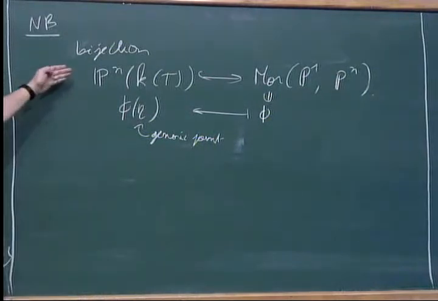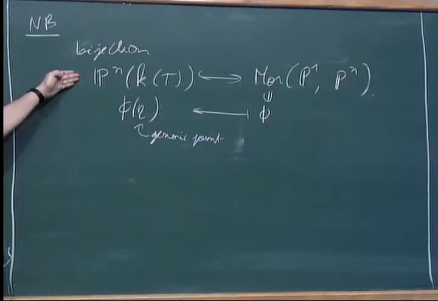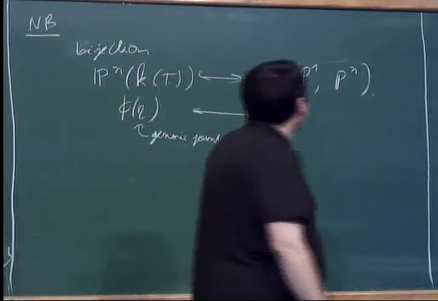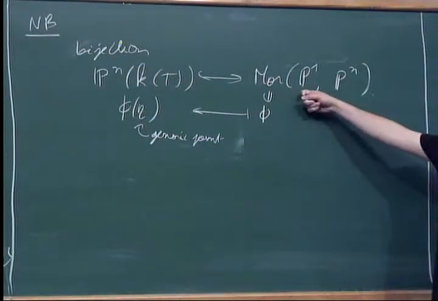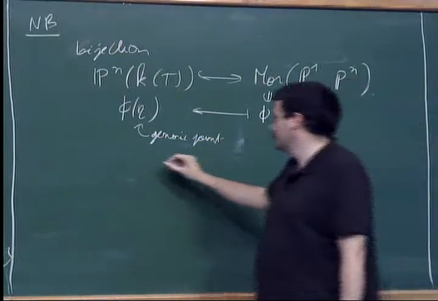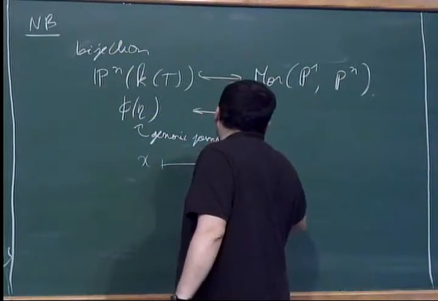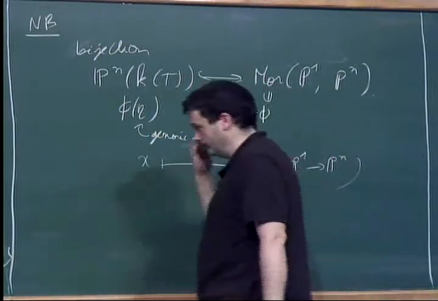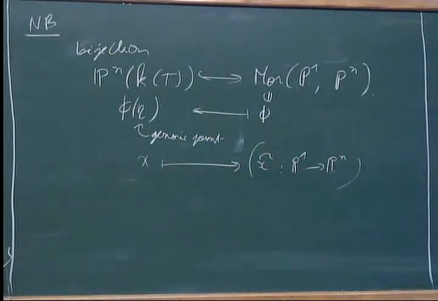And conversely, if I take a point in the projective space defined over K of t, then this means that I have a morphism from an open subset U of P1 to Pn. But of course, this Pn is complete, so we may extend it into a morphism from P1 to Pn. So this is a bijection. That's the reason for which, instead of studying Pn of K of t, we can as well consider the morphisms.